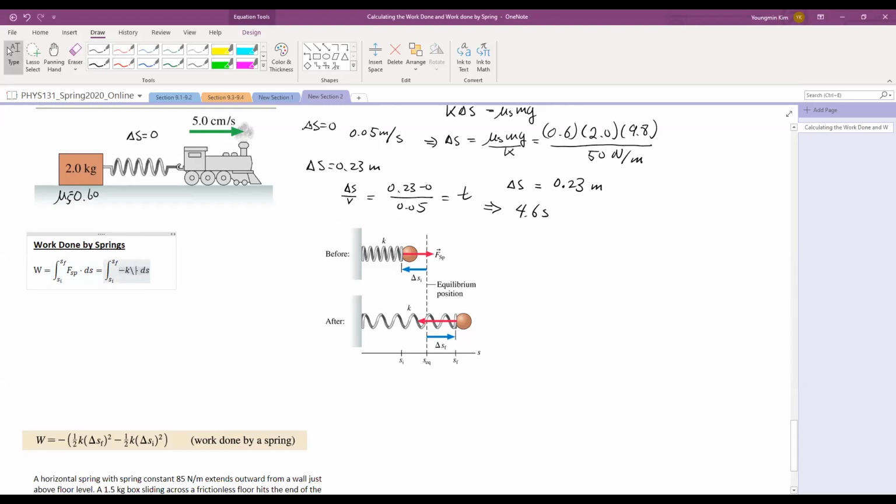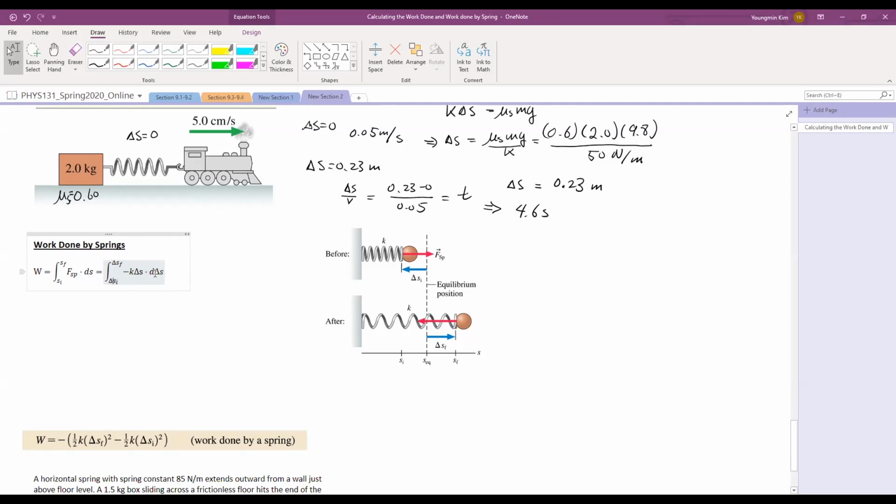Okay, delta s. Now, of course, delta s is s final minus s initial. So what I'm going to do is simply change this part conveniently to delta s, and then I have to also change this part accordingly, to make sure I'm integrating over delta s and not just s.